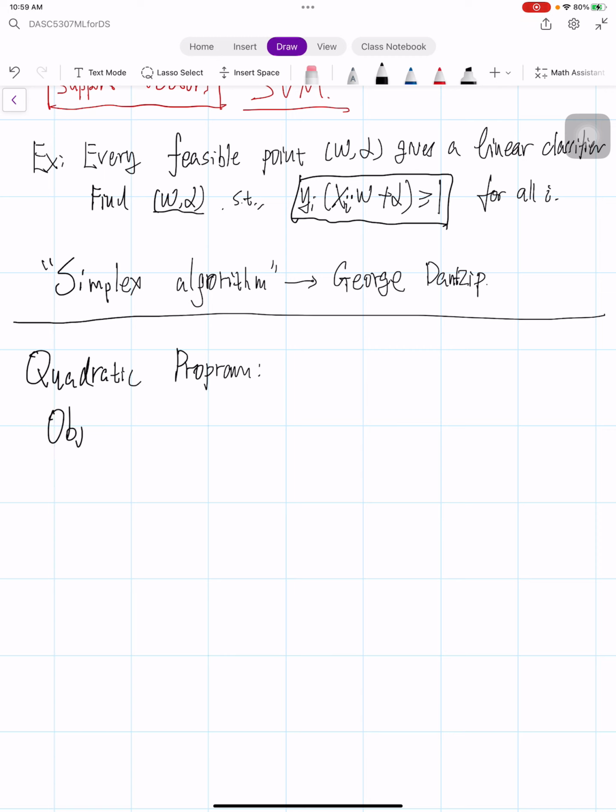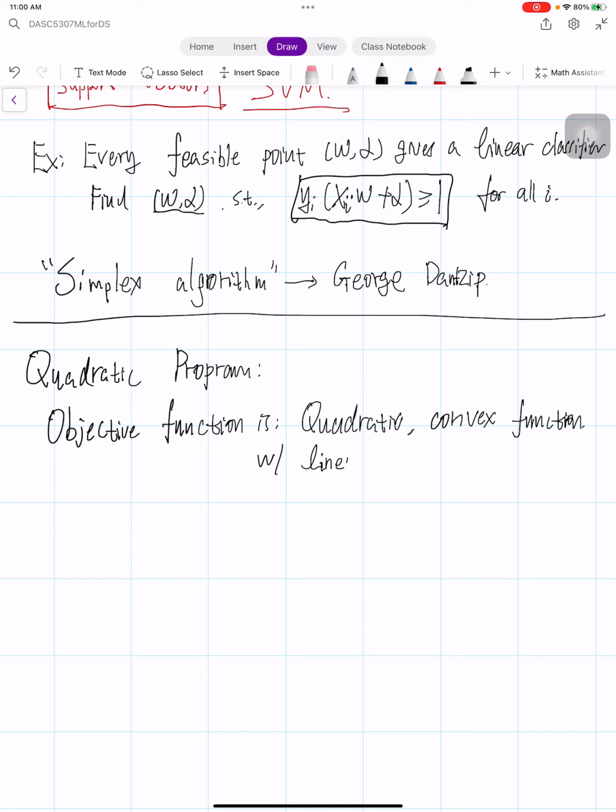So the objective function is a quadratic convex function, and with the same linear constraints, again we still need to have the linear constraints.